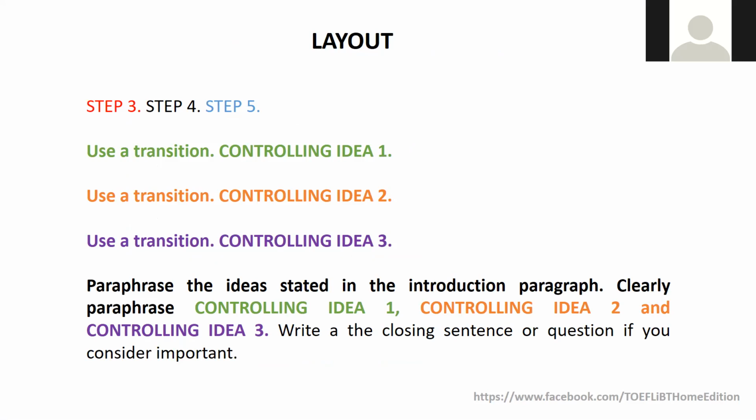So that's why we use transitions, or basically expressions that you can use to say the first reason is, or first I would say. Then you have to paraphrase what is stated in the introductory paragraph and also paraphrase the controlling ideas, 1, 2, 3, 4, 5, depending on how many you have. And then write a closing sentence or question if you consider important.